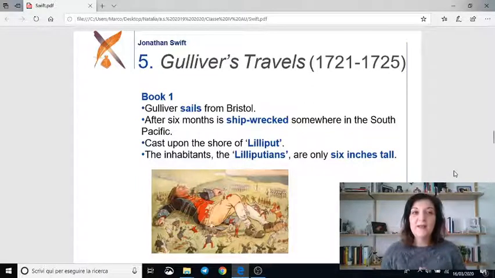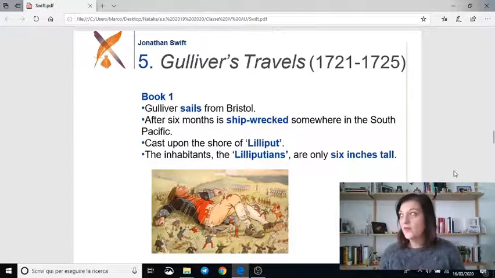We know that he is a surgeon, that he gets married to a quite rich lady, but his dream is to travel, is to see the world. In fact, for this reason, he decides to sail, and he sails from Bristol. Bristol is a city in the south of England.